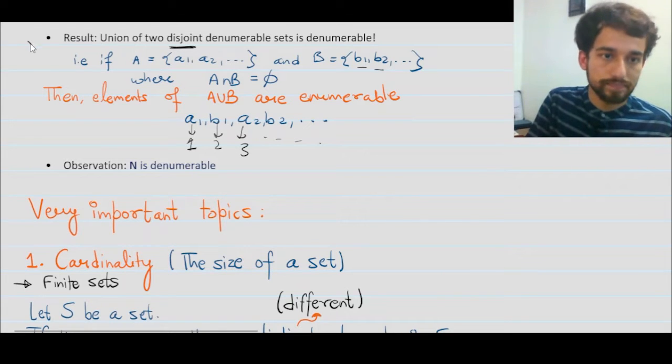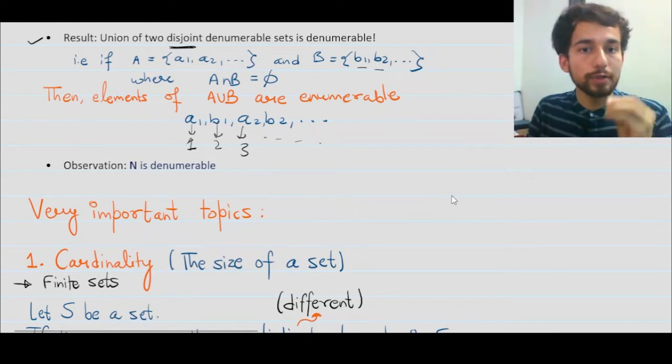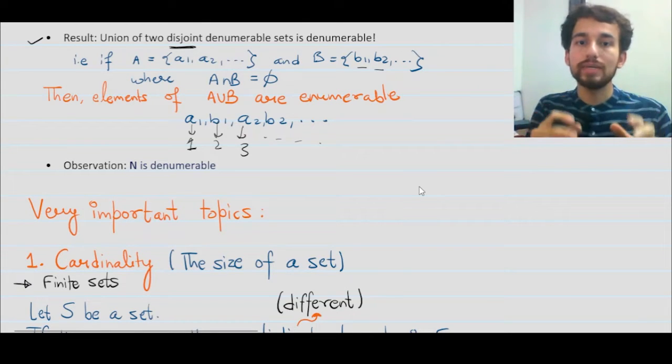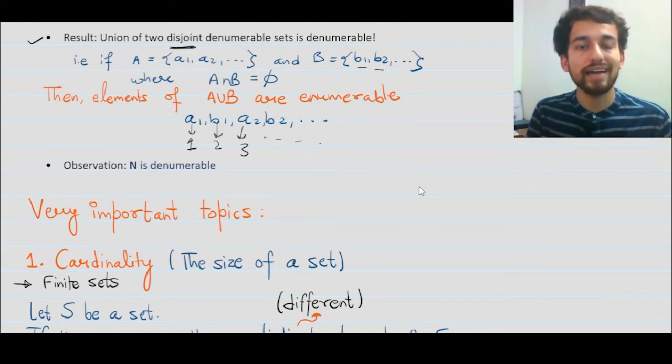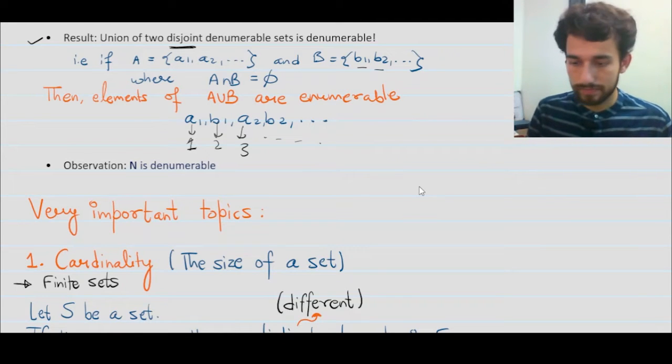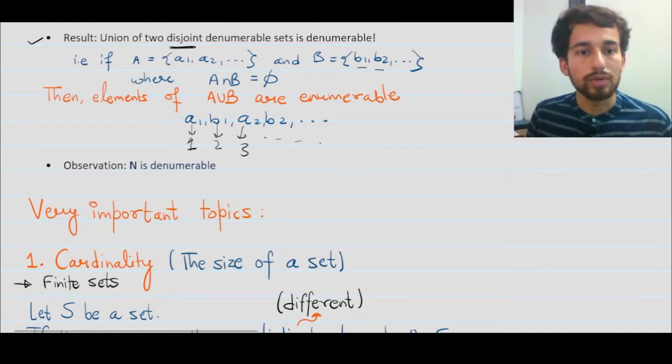This was the result that if we take the union of two disjoint denumerable sets, then their union will be a denumerable set. Disjoint means that their intersection is the empty set, that is, the two sets don't have any element in common. So the resulting union will be a denumerable set.